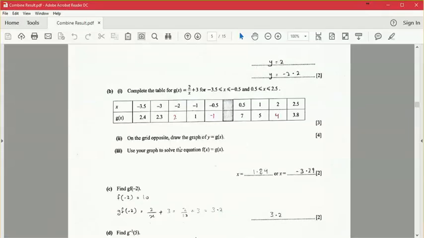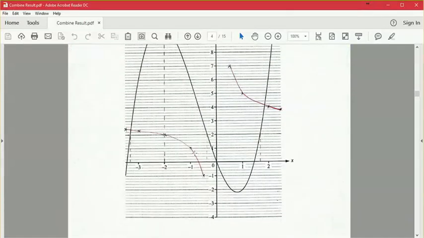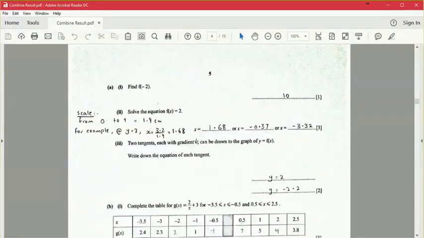On the grid opposite, draw the graph of y equals g of x, and here it is, the red one here and here. Remember not to extend the line here, and here, the last one, and this one too.